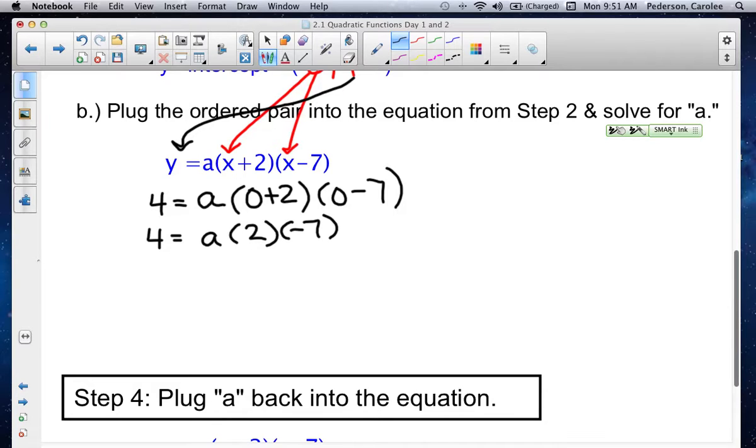Yep, multiply 2 and negative 7. So 2 and negative 7 is negative 14, and then A. And then our last step is to find A, divide by negative 14. So we get A equals 4 divided by negative 14, and we should probably reduce that down to its lowest terms, so negative 2 sevenths.